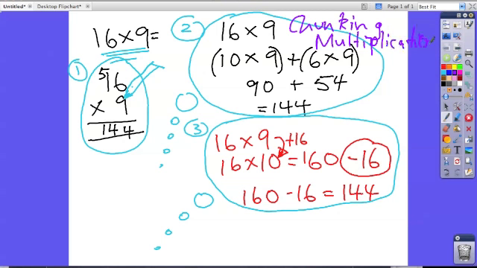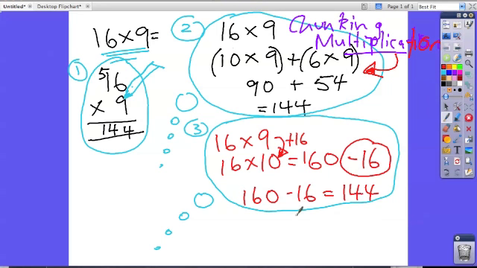Chunking multiplication, and that is because we break the two-digit number into two chunks, the 10 and the 6.